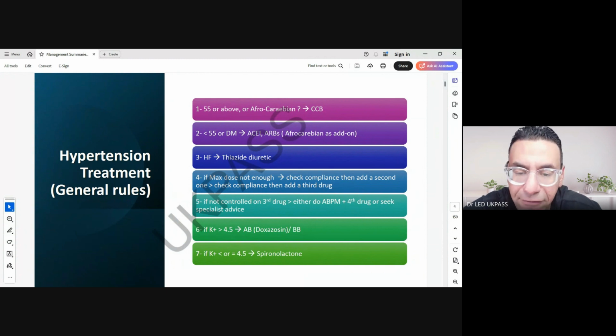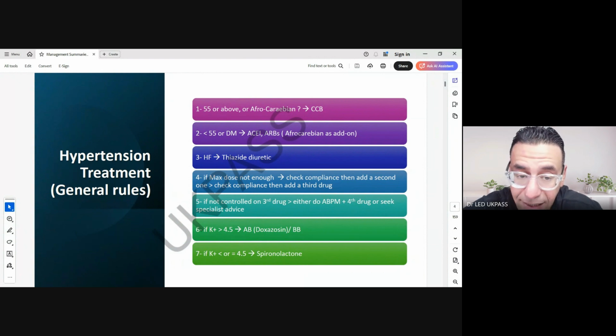However, if they are Afro-Caribbean, normally we would like to start them on ARBs such as candesartan or losartan. Why? Anybody knows why? Because it has been proven that ARBs, candesartan and losartan, work better in Afro-Caribbean patients compared to ACE inhibitors.